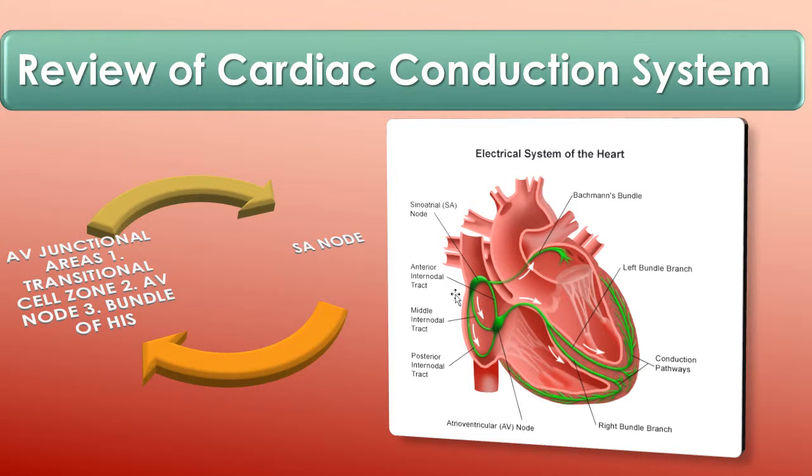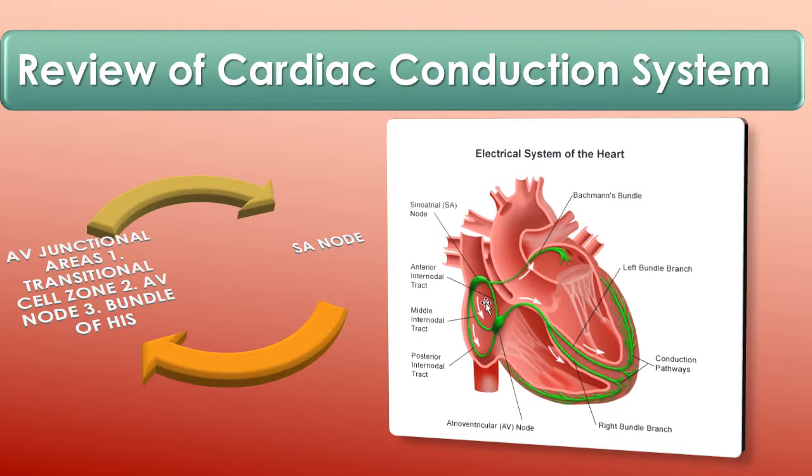With the SA node, we want to point out that this is the heart's primary natural pacemaker. It can spontaneously and rhythmically generate 60 to 100 beats per minute. It is supplied by sympathetic and parasympathetic systems that determine whether to increase or decrease the heart rate. Impulse from the SA node will travel through the atrial muscle here and result in atrial depolarization.